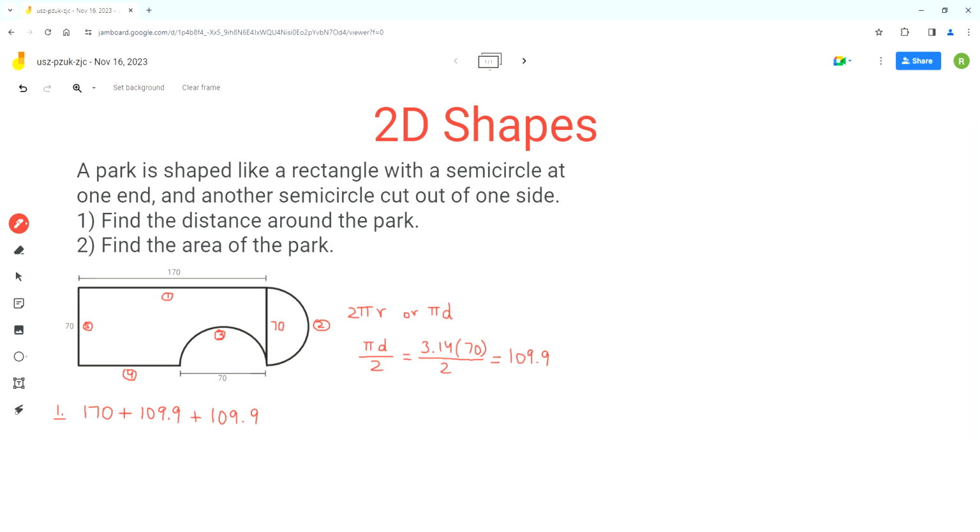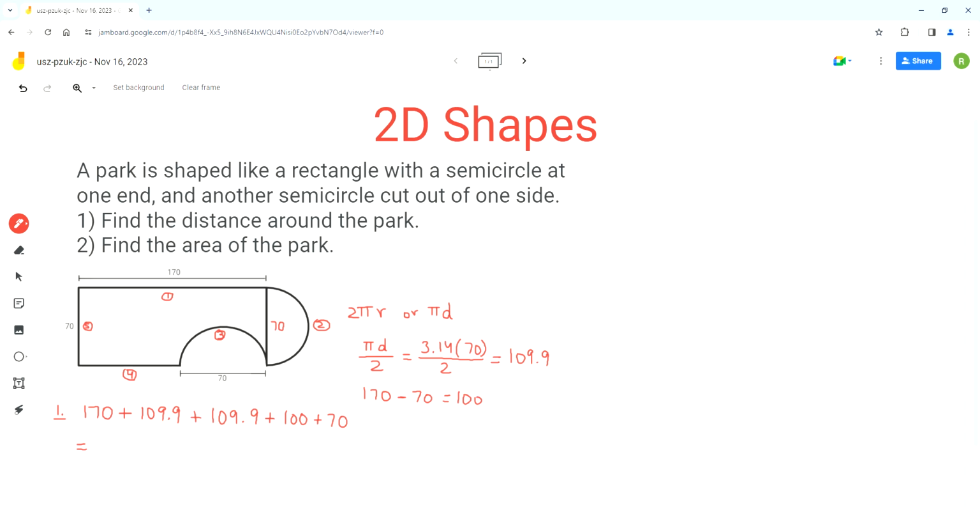So 170 minus 70, which is equal to 100. So we'll add 100. And then we'll add the fifth part, which is the width of the rectangle, 70 units.